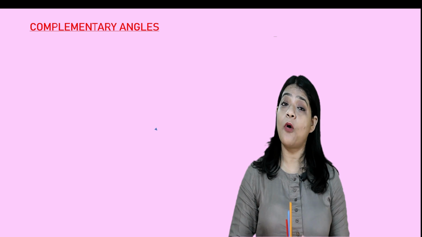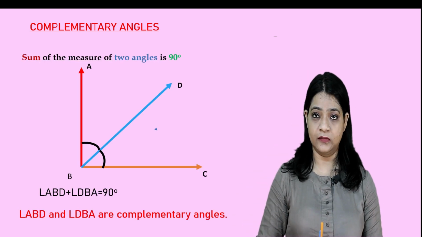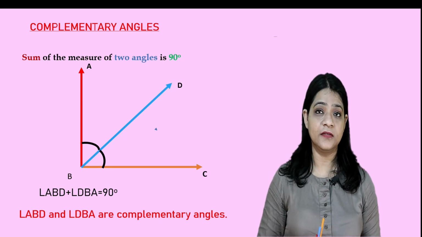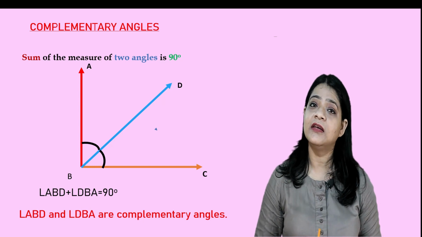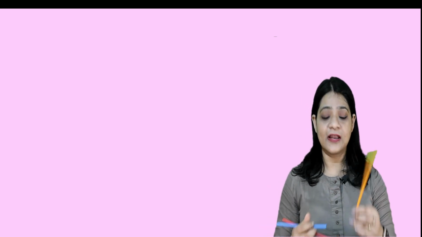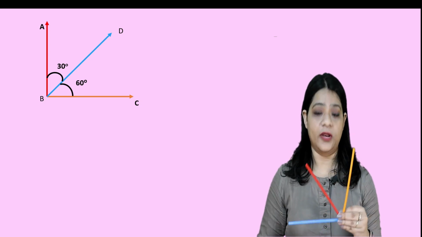Now the next very important topic is complementary angles and supplementary angles. When the sum of the measurements of two angles gives you exactly 90 degrees, these are called complementary angles. For this, let us take a right angle and add one line segment into it. ABC is the right angle and BD is the line that originates from this common point.